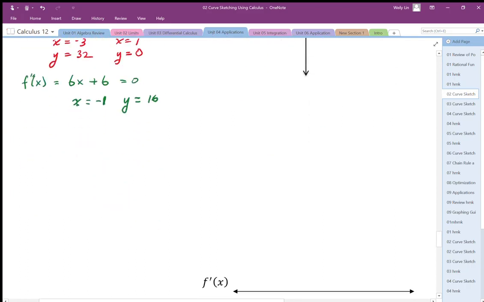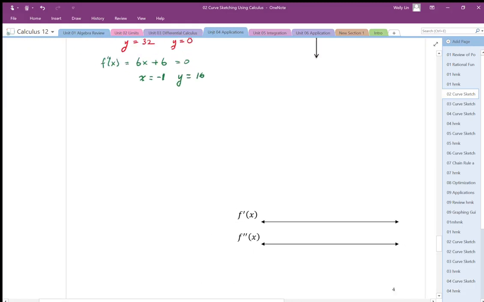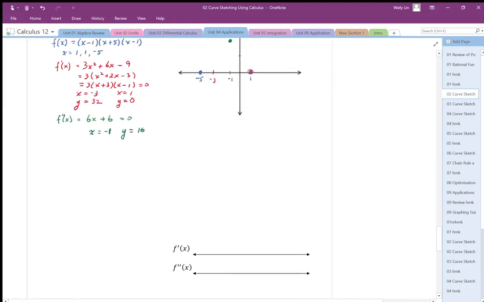Okay, when I do my chart, I'm just going to shrink this a little bit so you can see my chart. My slope chart, I need to mark negative 3 and positive 1. Those are my zero slopes. And I can test my slopes. f prime at, let's say, negative 4.